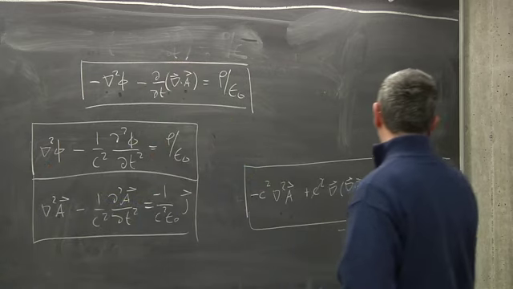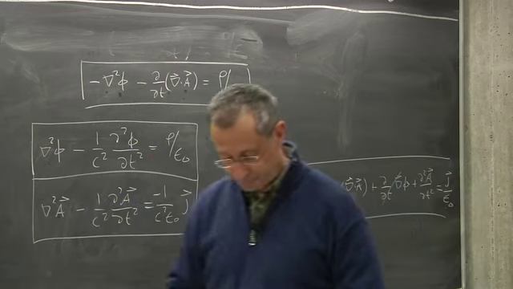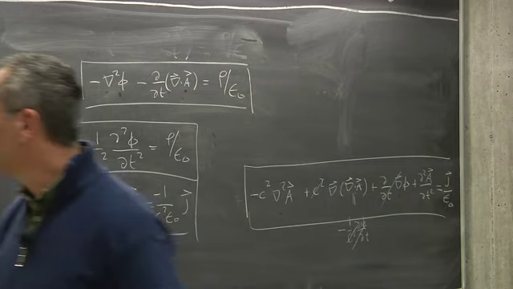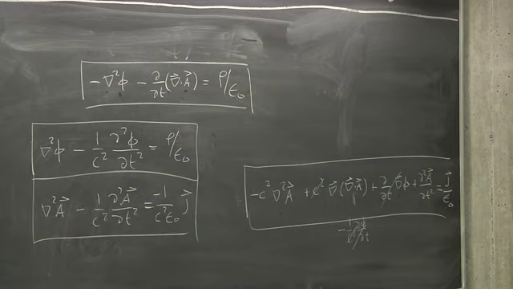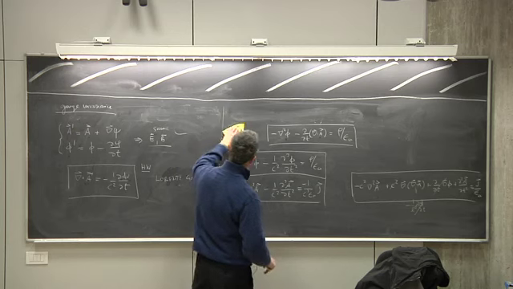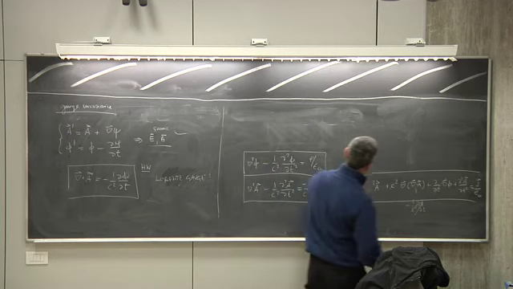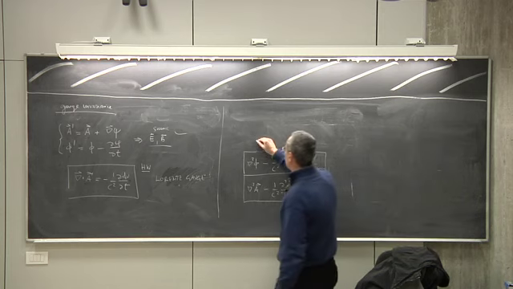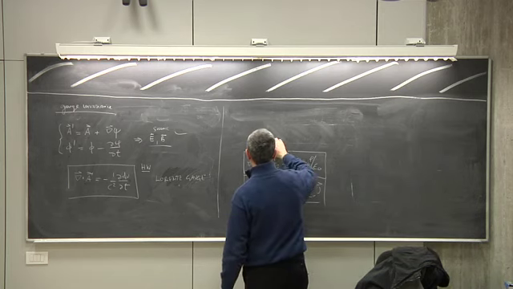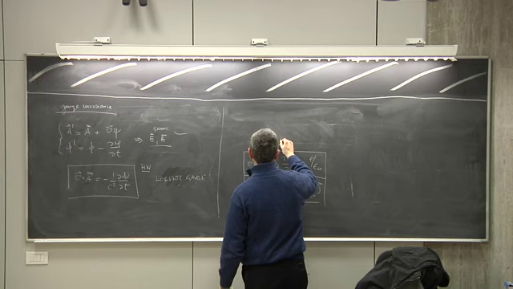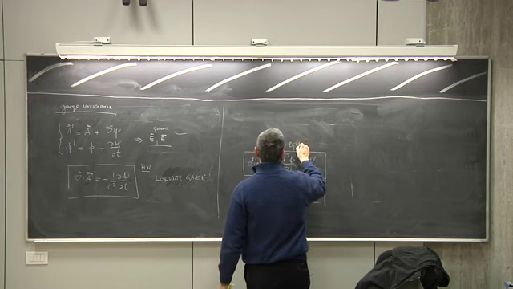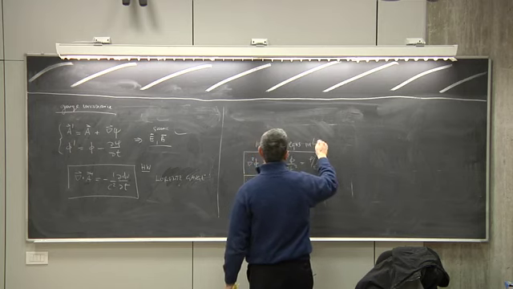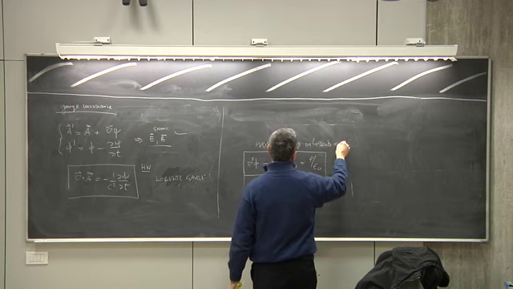Because you have a c squared, you bring it on the other side. Okay, so now, these are the Maxwell equations in the Lorentz gauge.